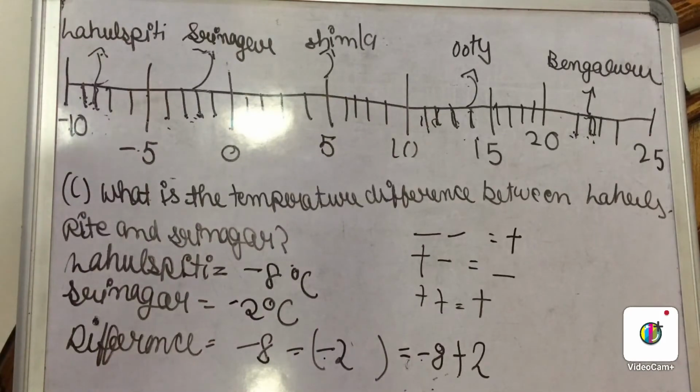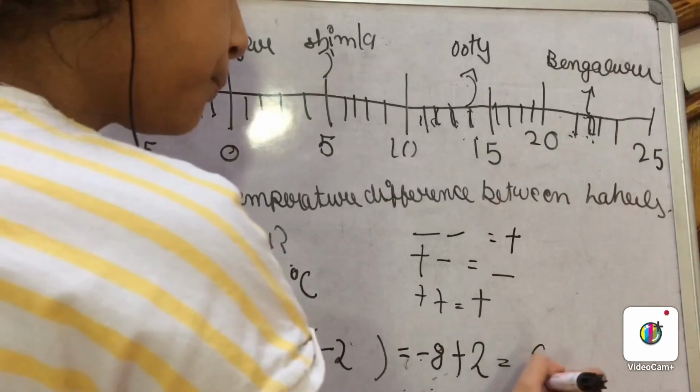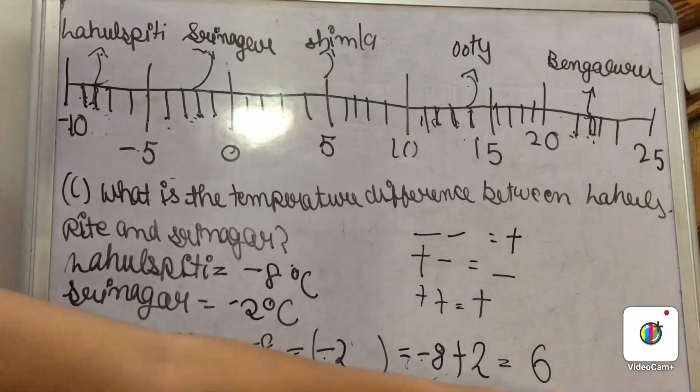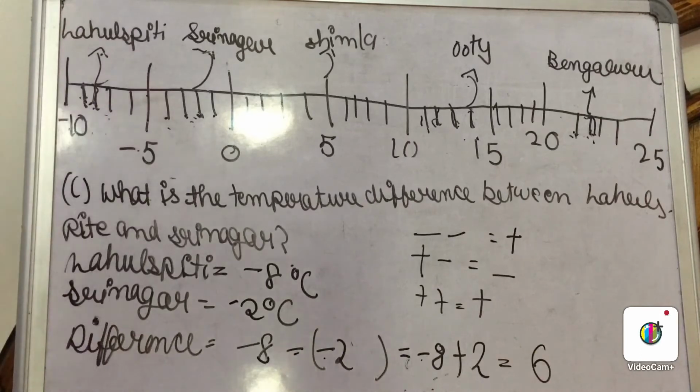So now here what is given? Minus and plus, one minus sign and one plus sign. Then what will you do? Plus minus gives minus, so you will do minus here. 8 minus 2 equals 6. And one more thing you have to keep an eye on is the answer's sign. You have to decide whether the answer should be a negative or a positive integer.